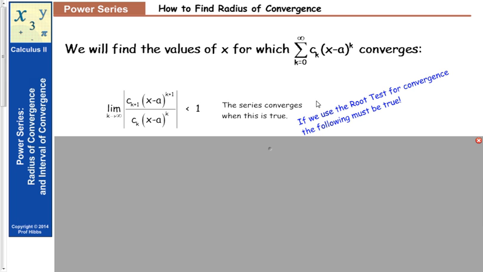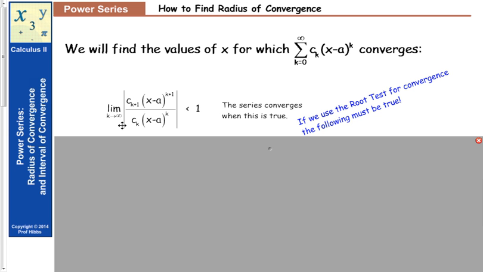We take the limit of the absolute value of the k plus first term divided by the kth term, or maybe we said n plus first term over n term. The kth term of this series is this whole expression here, and the k plus first term would just be c sub k plus 1 and x minus a to the k plus 1, okay?